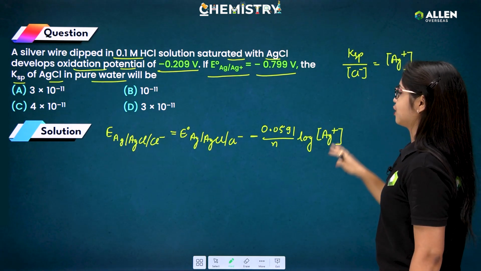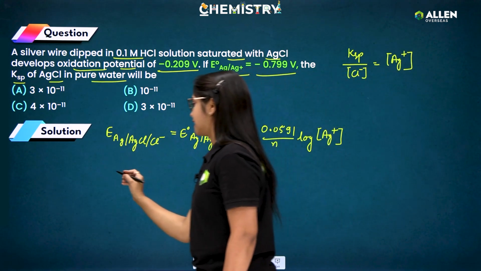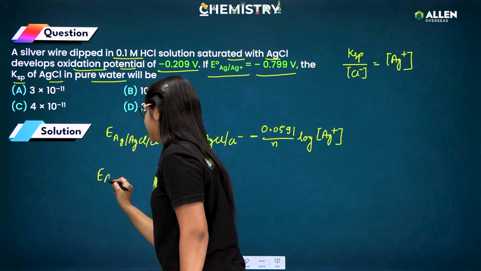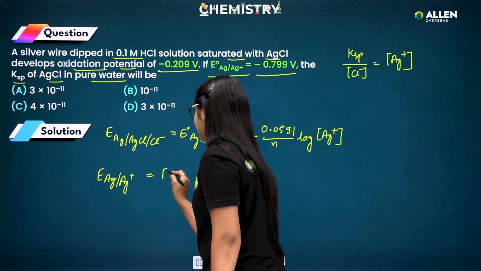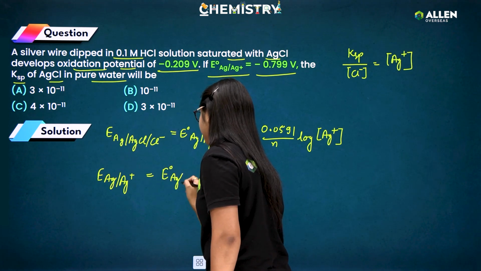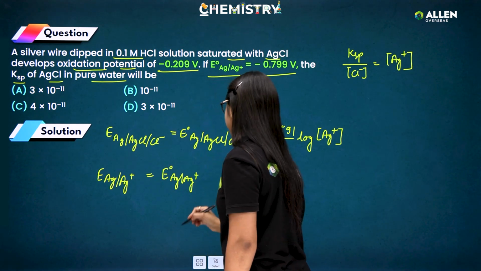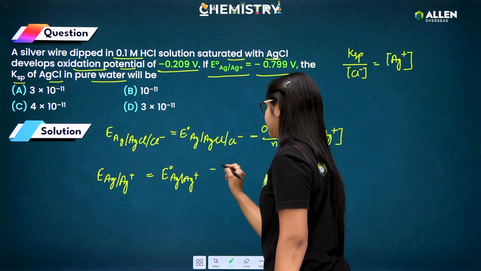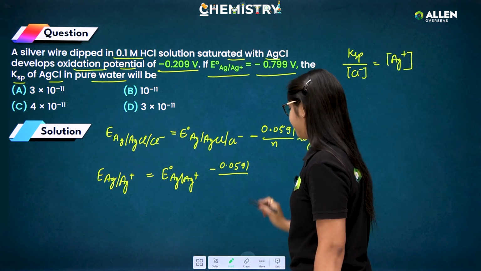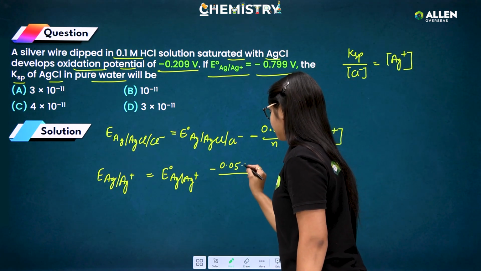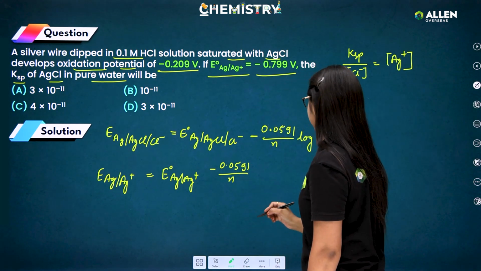In this case, this can be represented as E naught Ag to Ag plus, and now minus 0.0591. Now what will be the value of n here?